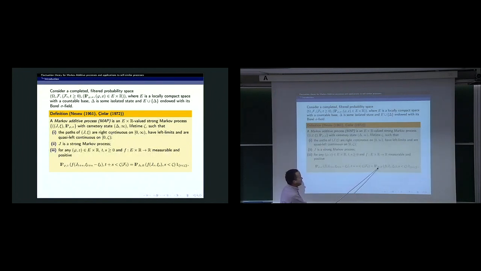But now I include another process J. I keep the same property for psi, so there is no dependence on the process psi at time t, but there is a dependence on J at t. That's to keep track of the position of J at time t.